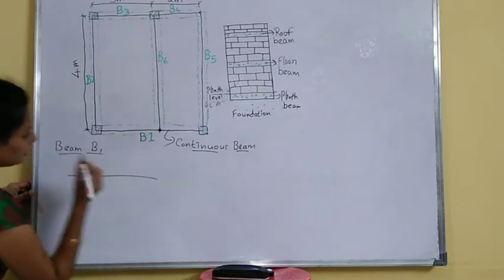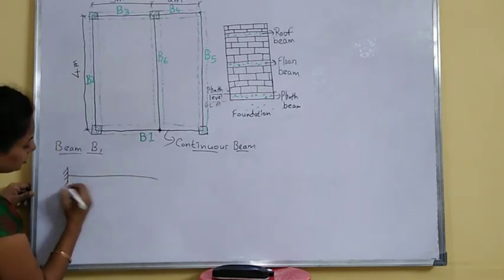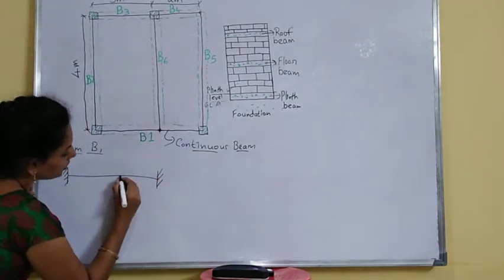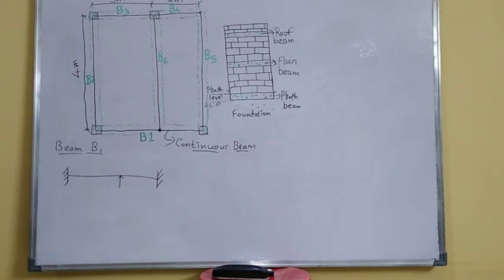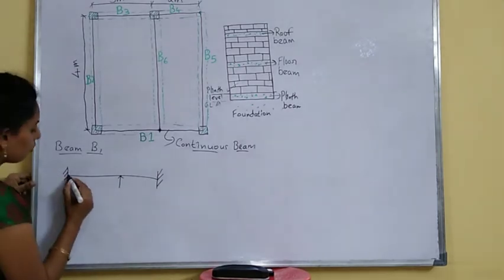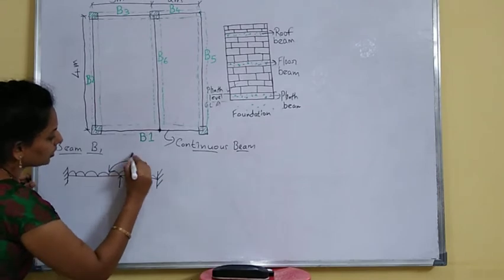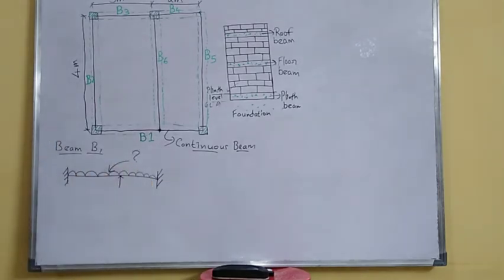Draw the free body diagram. So this is your support column, and here you have the reaction in support. Now we have to find out what is the load acting on that beam.